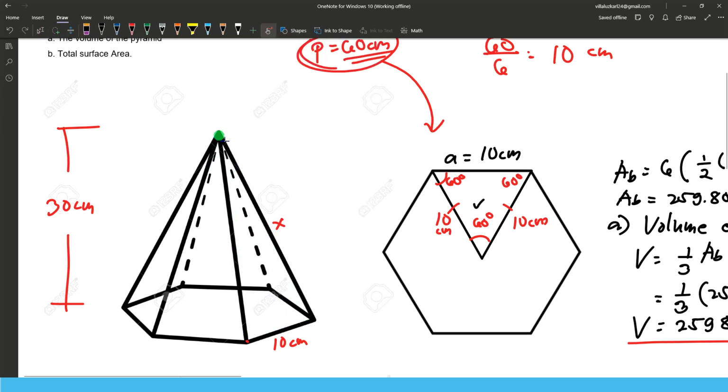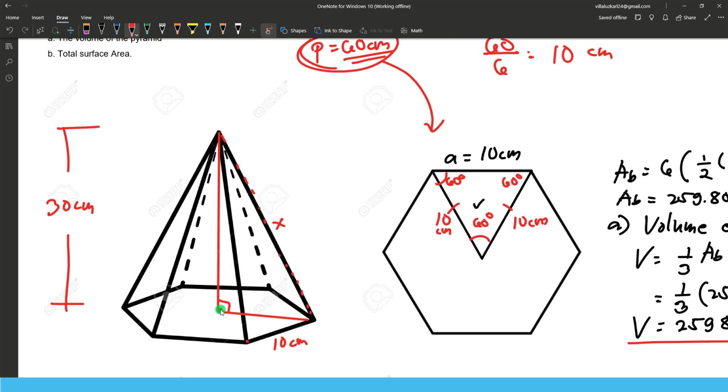If we have an altitude going to the center of the base, this is your altitude here, and we connect the center of the hexagonal base to the vertex of the base right here, we can form again a right triangle, this one.